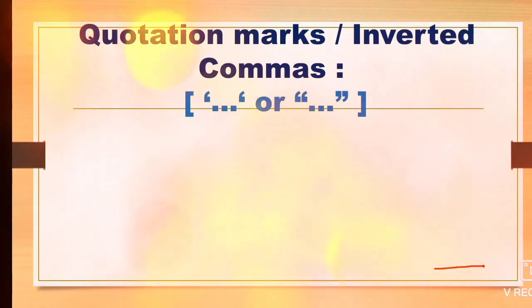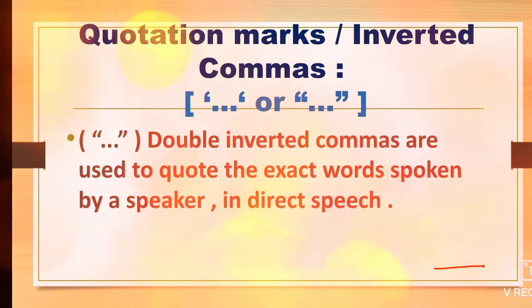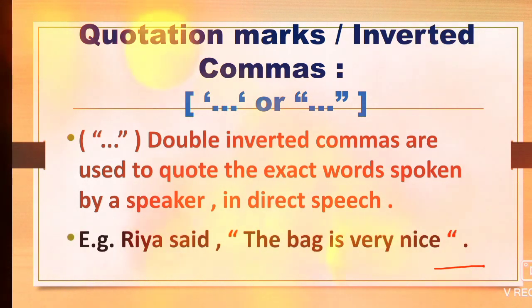Then quotation marks or inverted commas. Double inverted commas are used to quote the exact words spoken by a speaker in direct speech. For example, Riya said, "The bag is very nice."